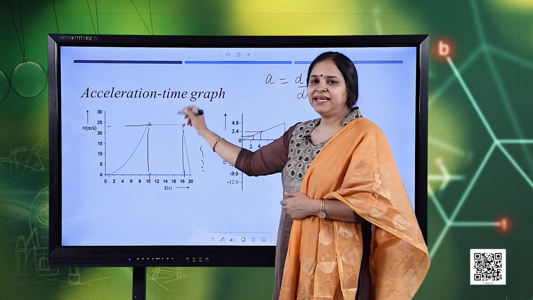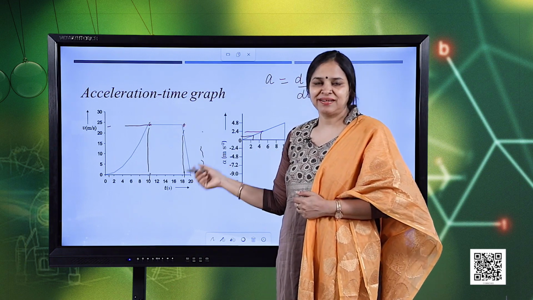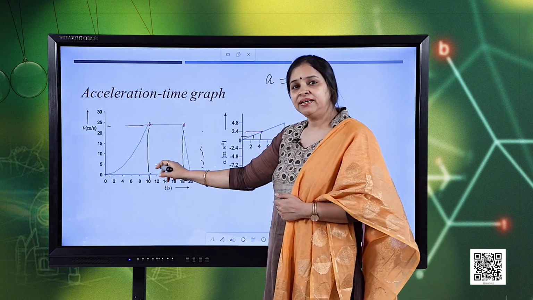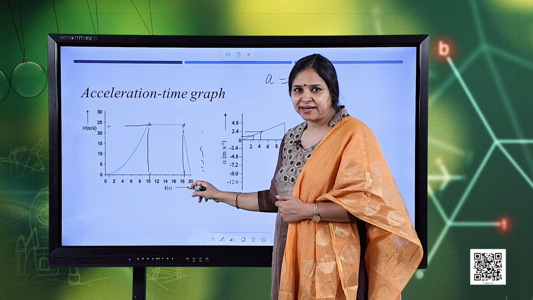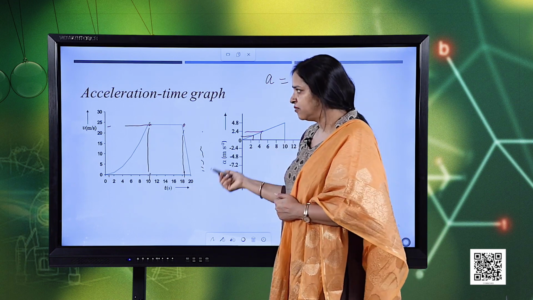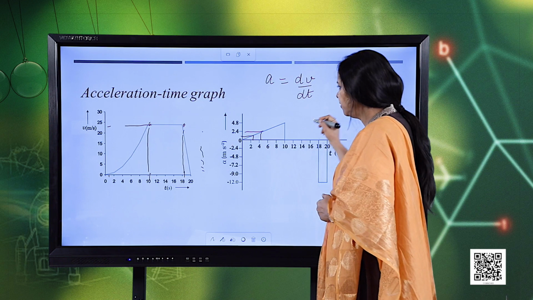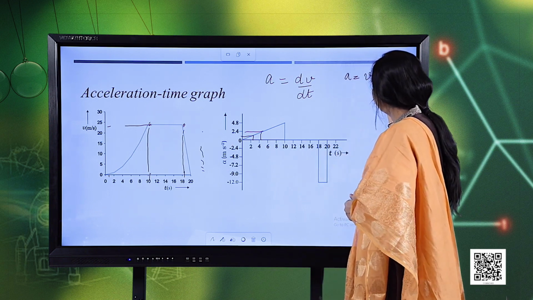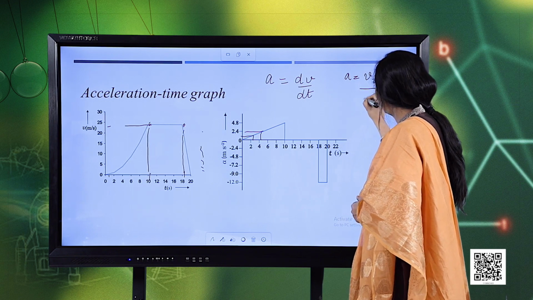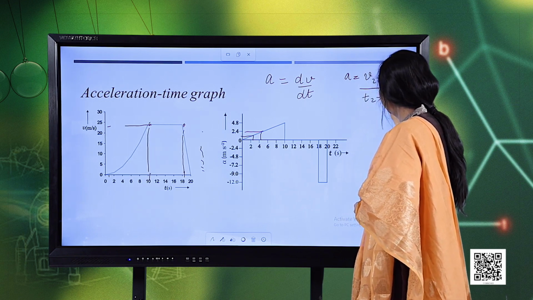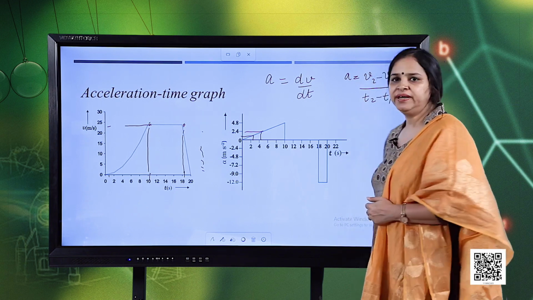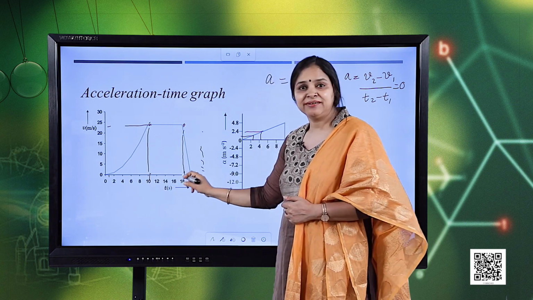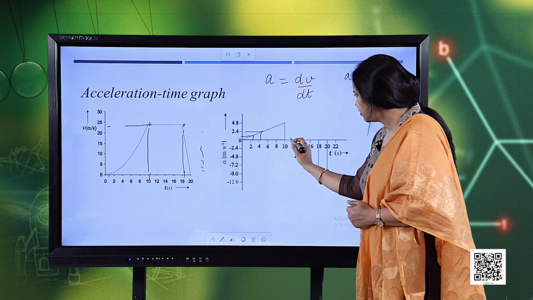We get the change in velocity is 0 during this time interval between t equal to 10 and t equal to 18 seconds. Since the velocity change is 0, from the formula a equal to v2 minus v1 upon t2 minus t1, we get the value of acceleration to be 0. So, within this duration of t equal to 10 to t equal to 18 seconds, acceleration is 0.